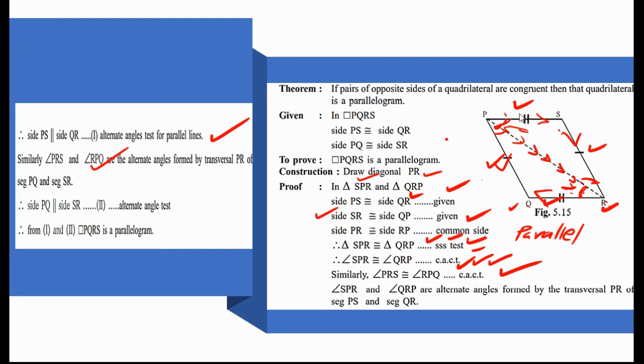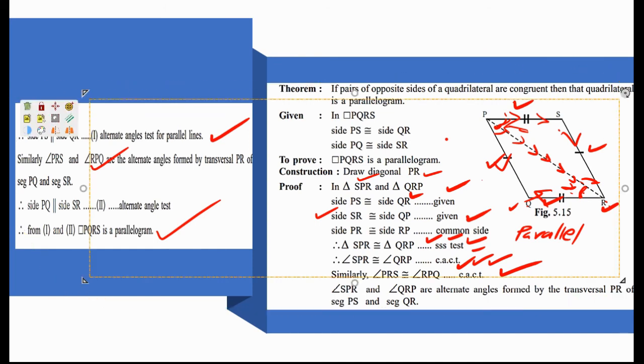The same way PS is congruent to QR. That means we can declare that quadrilateral PQRS is a parallelogram. Okay, we will declare because the conditions required to say that it is a parallelogram is achieved.